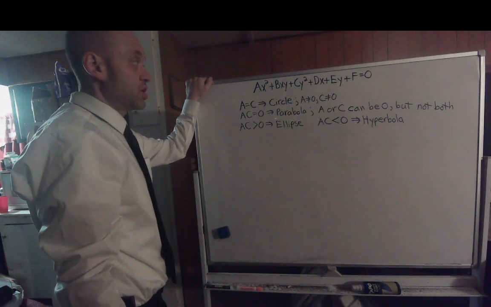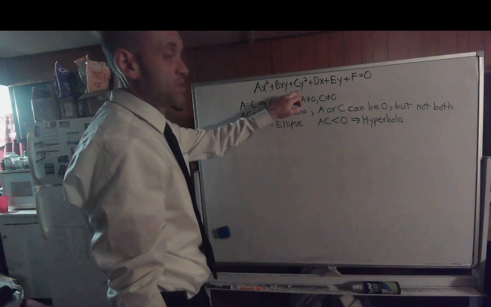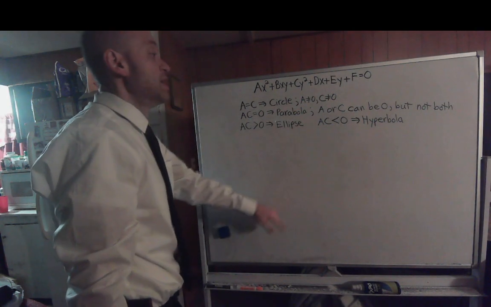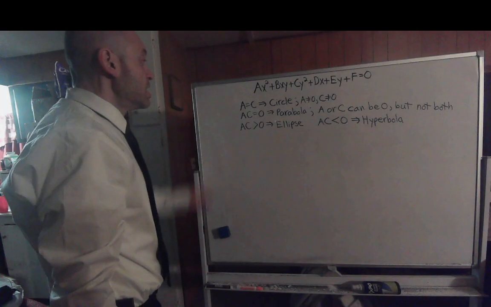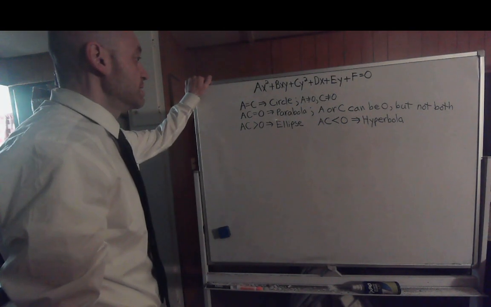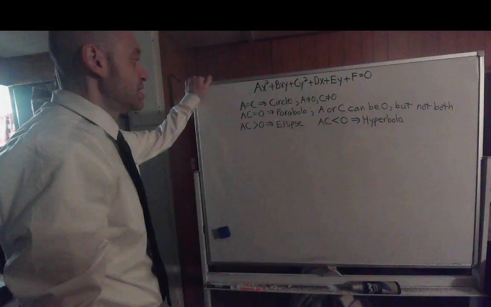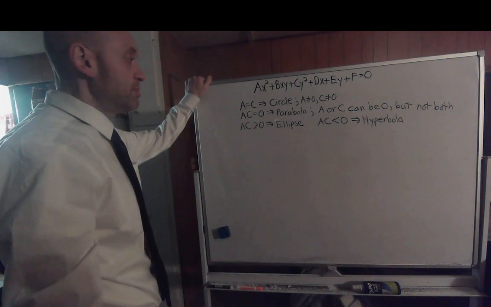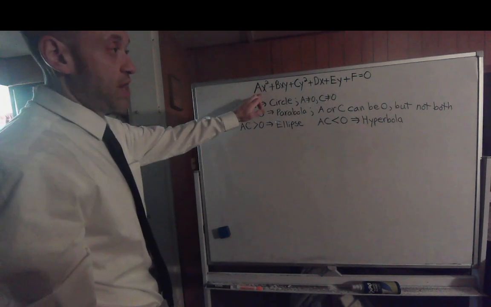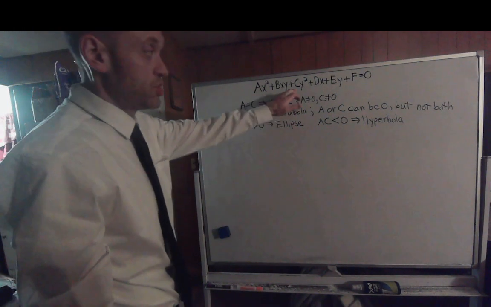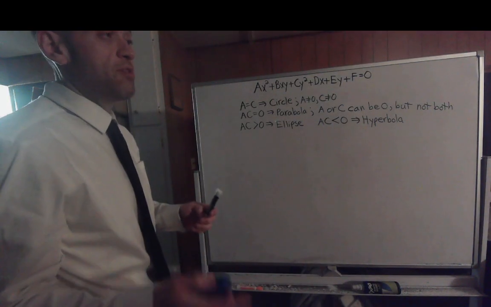That occurs when the coefficient on x squared is positive and the coefficient on y squared is negative, or vice versa. That makes sense with the hyperbola, because usually one of the quadratic terms is positive and the other is negative, which ties in with what we've been talking about.